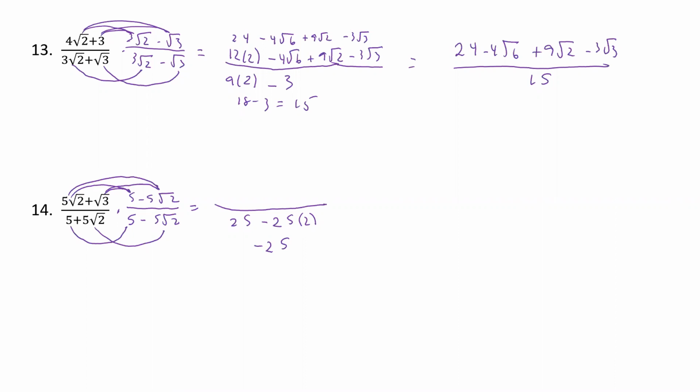Okay. Well, what about the numerator? Well, here we have 5 radical 2 times 5, so that's going to be 25 radical 2. Then we'll have this times this, so that's going to be minus 25 times, well, here radical 2 times radical 2 is 2, okay. And then inner, we have a radical 3 times 5, so it's going to be plus 5 radical 3.